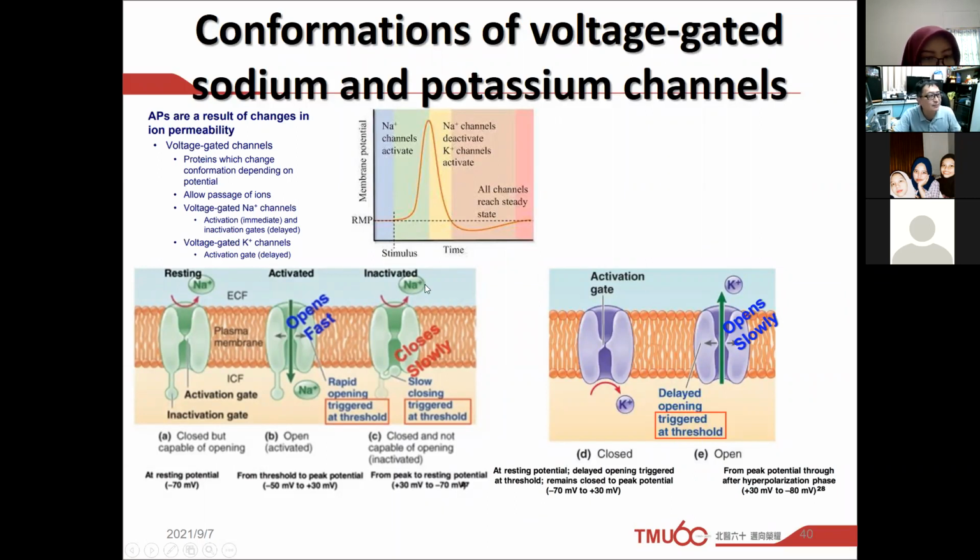But in that time, a lot of sodium gets into the cytoplasm and activates the potassium ion channel. So this method uses a conformational change to turn on two different voltage-gated ion channels, sodium and potassium.